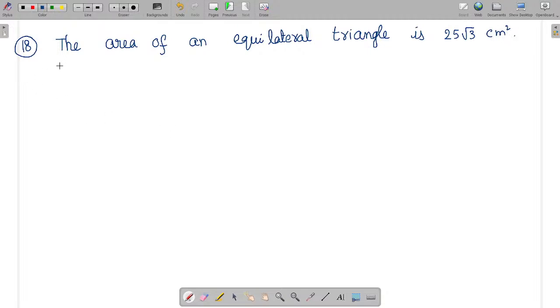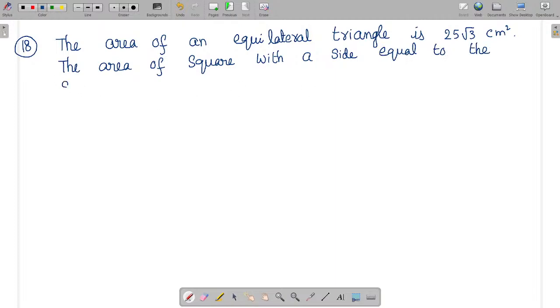The area of a square with a side equal to the side of this triangle, meaning the side of the equilateral triangle.